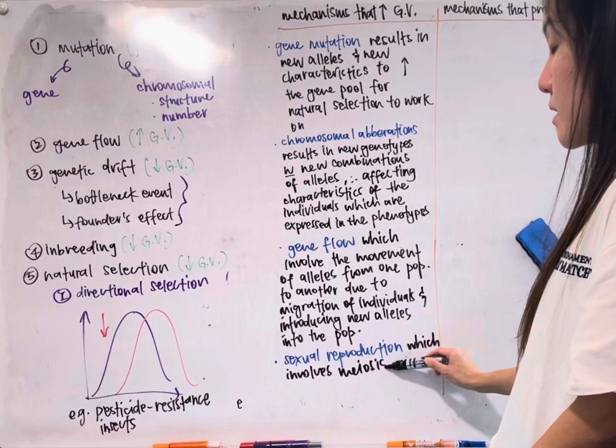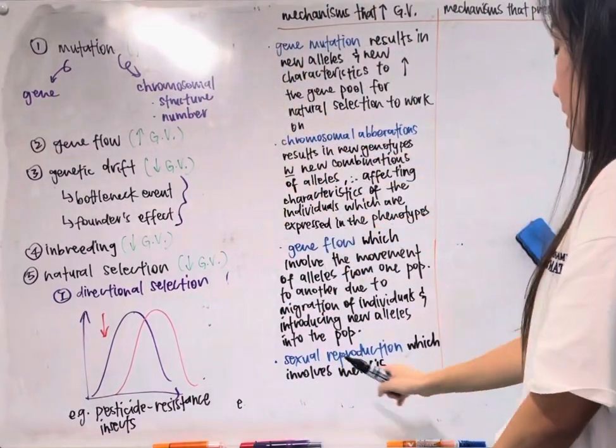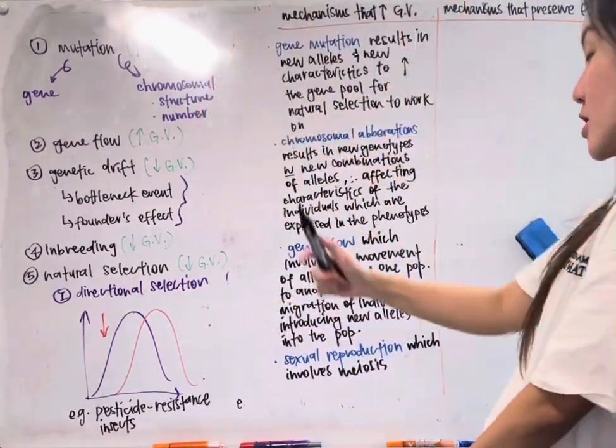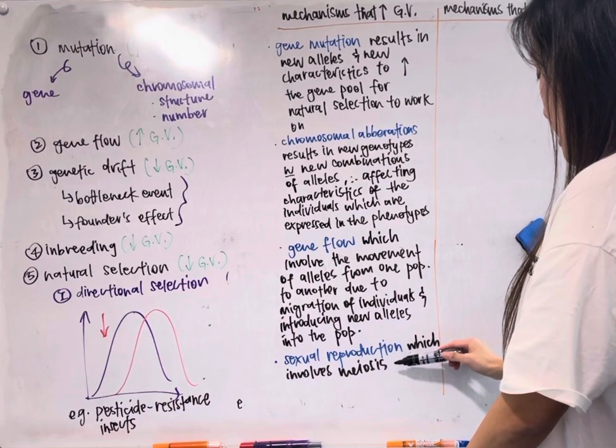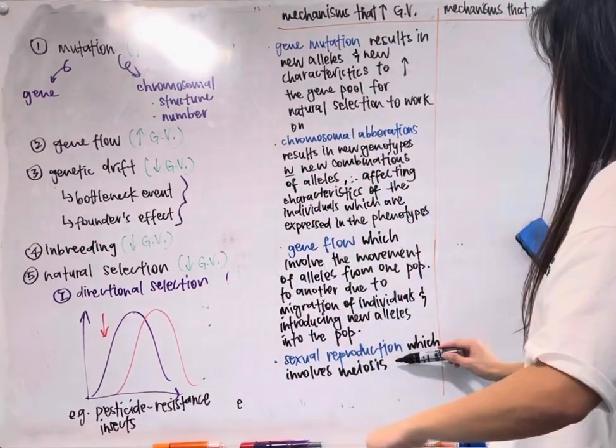Get ready, 1, 2, 3. I want to see how meiosis increases GV. Cross meiosis.